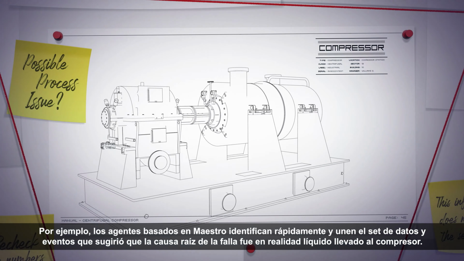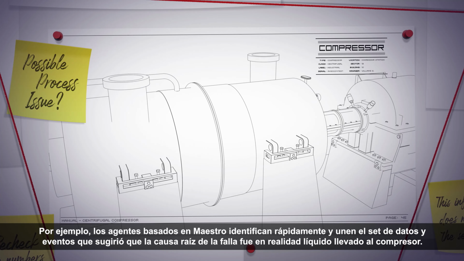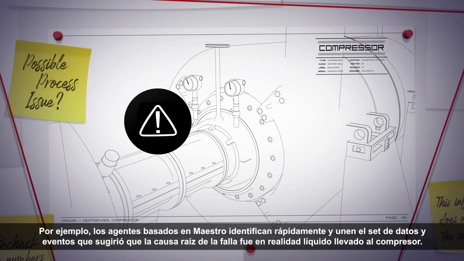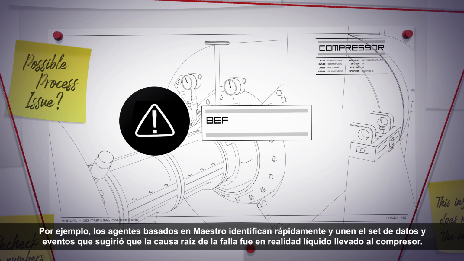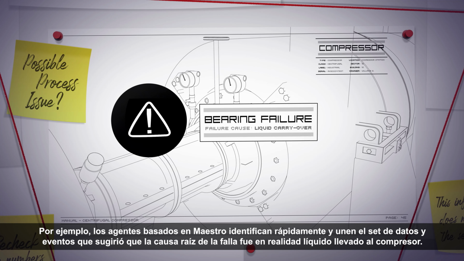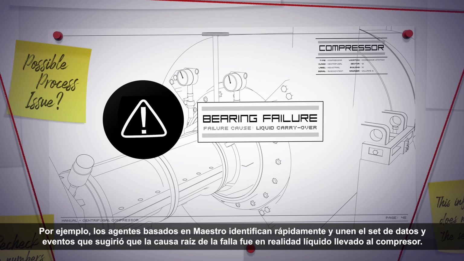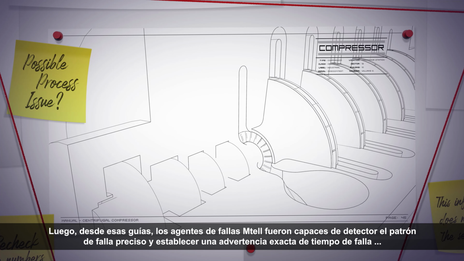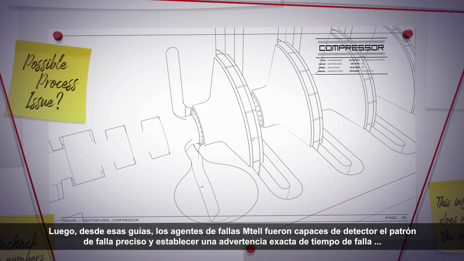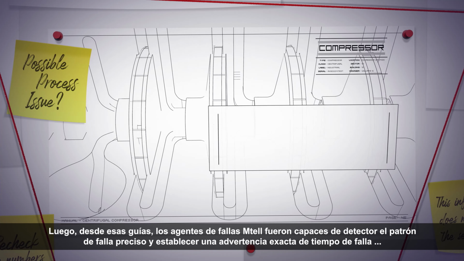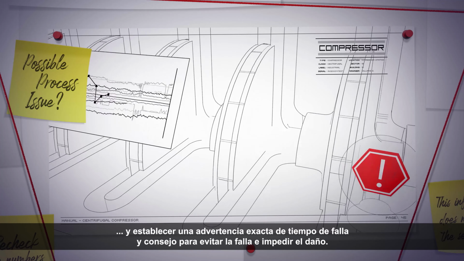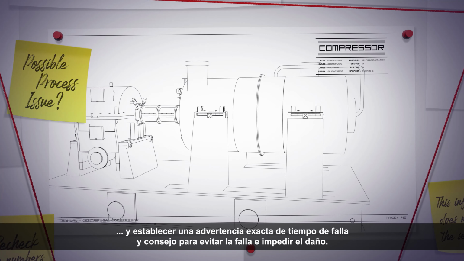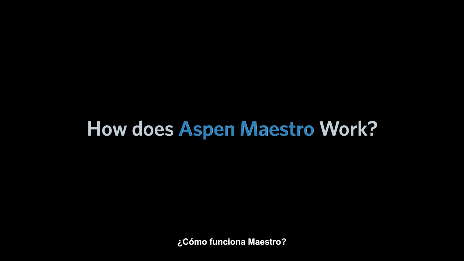For example, Maestro-based agents rapidly identified and converged on the dataset and events that suggested the root cause of the bearing failure was actually liquid carryover into a compressor. Then, from those guidelines, Mtell failure agents were able to detect the precise failure pattern and set up an exact warning of time to failure and advice for avoiding the carryover and impending damage.